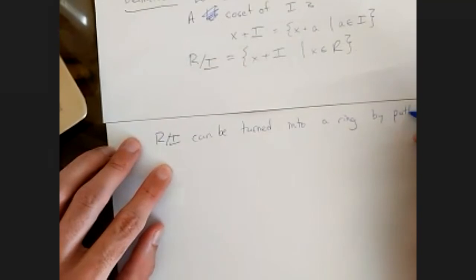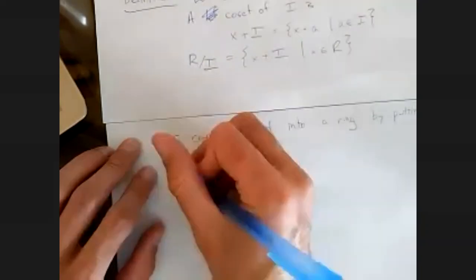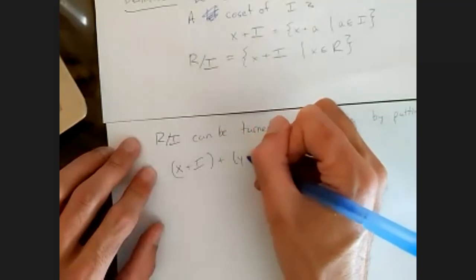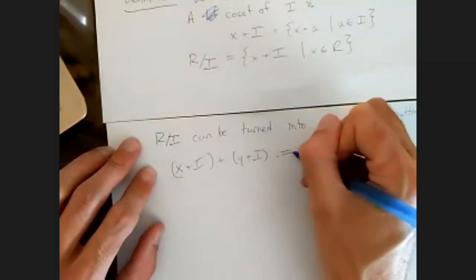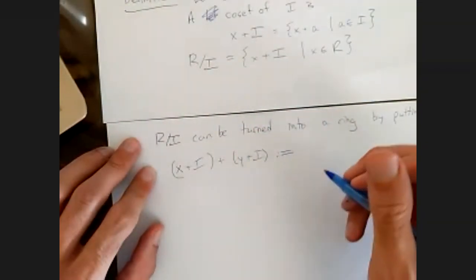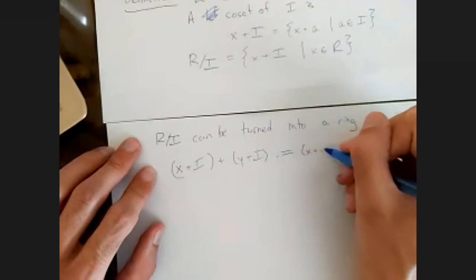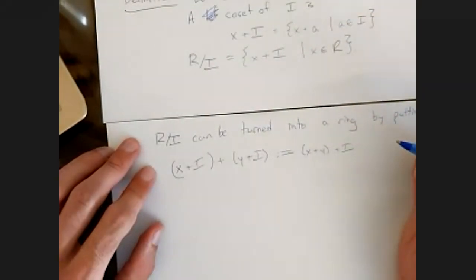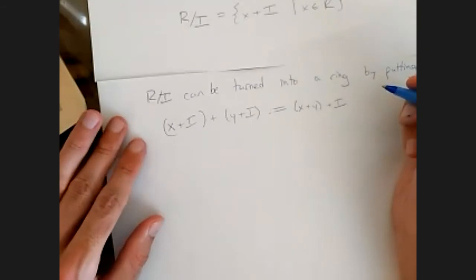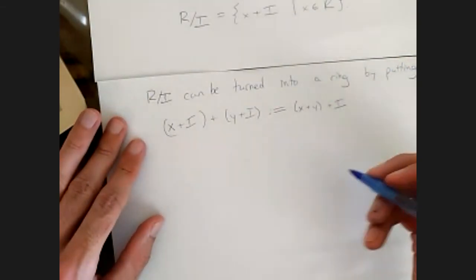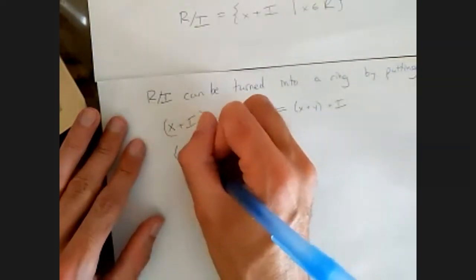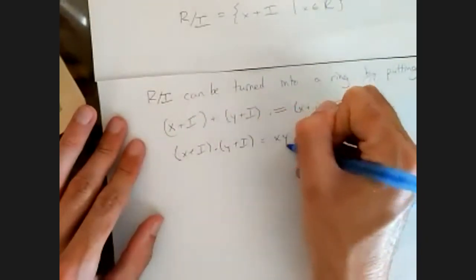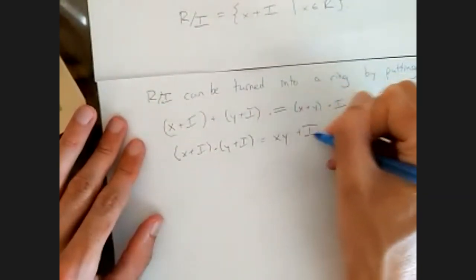We can add two cosets by just adding the two elements x plus y, then looking at that coset. We also need to define multiplication in R mod I, and we just multiply the two things and take that coset.